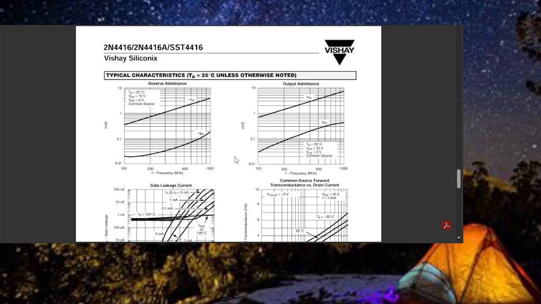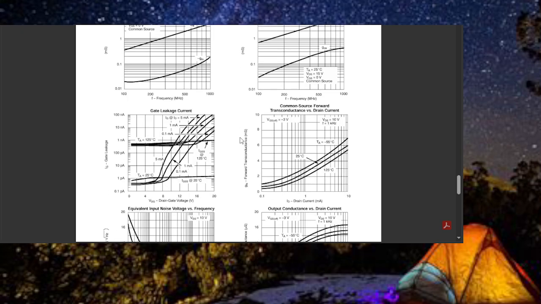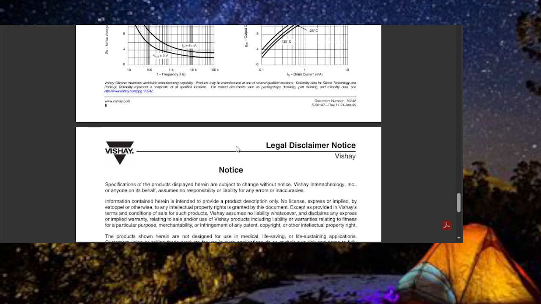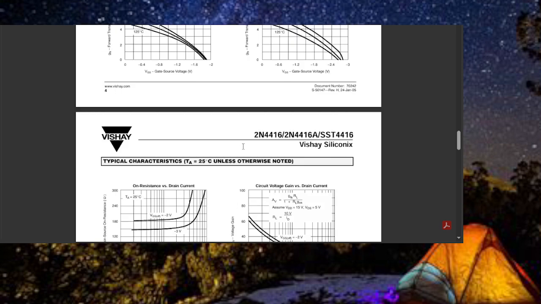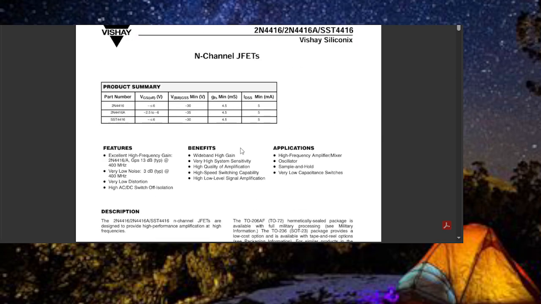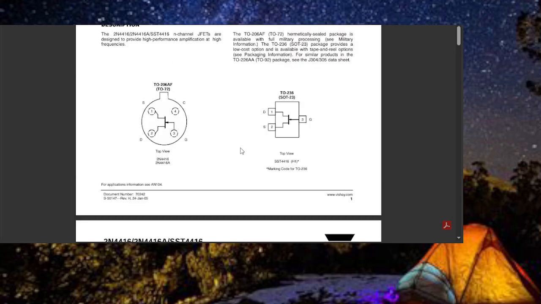But there's gate leakage, there's all kinds of stuff here. That's what it looks like. It's got the arrow pointing in, and you've got the drain and the source.